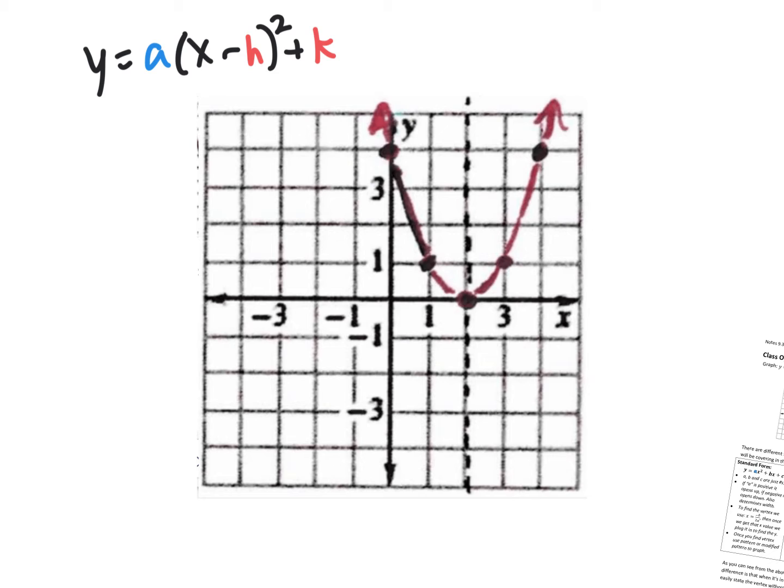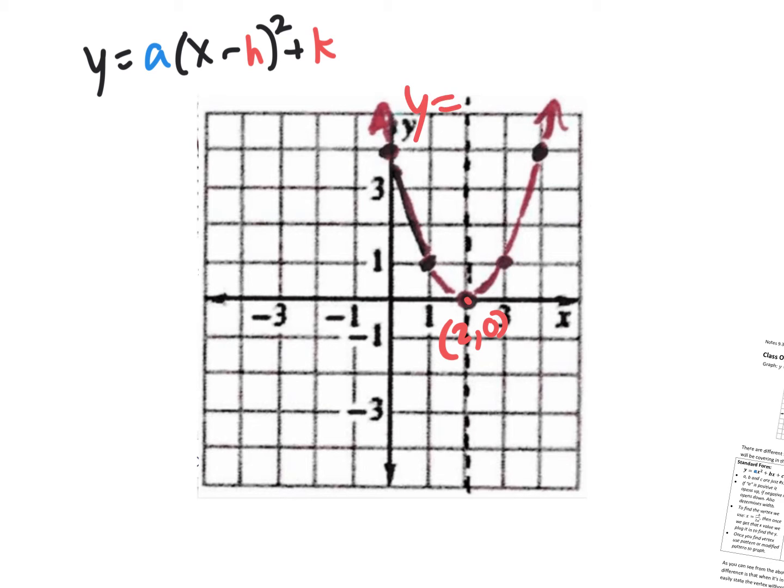It would be the pattern 1 and then 2, and then 2, 8, and then 3, 18, by modifying that pattern. I know it's a lot of information. I hope we understand what I'm talking about here. Anyway, this a value is 1. Where's the vertex? The vertex is the hk value, which in this case is 2, 0. So what is my equation going to be?